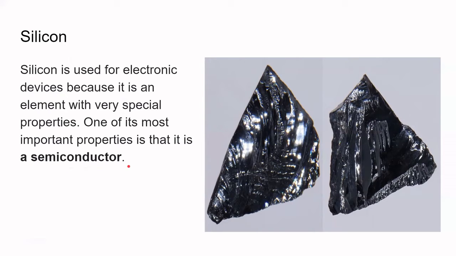What it means is that in certain conditions, the electric current will pass through silicon, and in some other conditions, the electric current will not pass through silicon. That's what makes silicon special and a semiconductor.